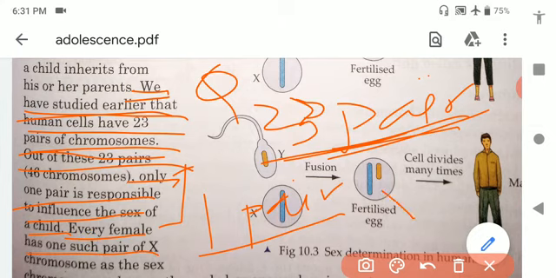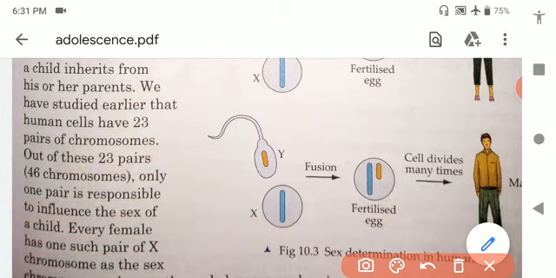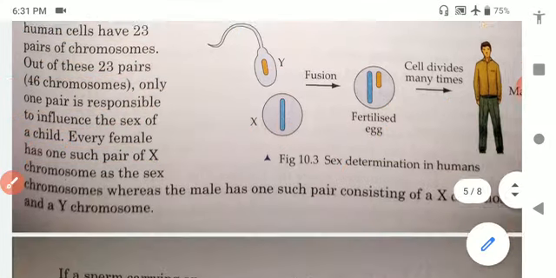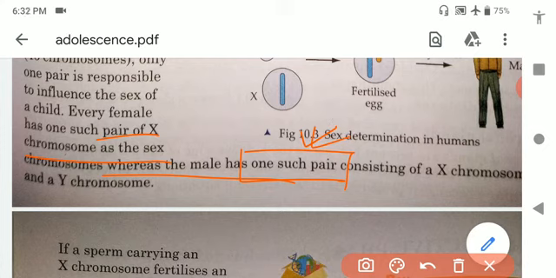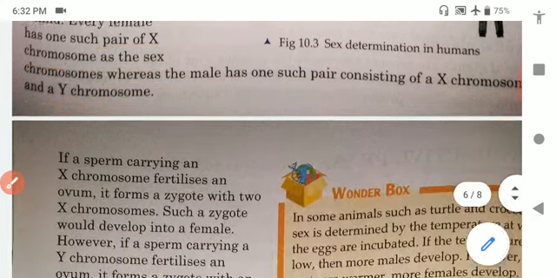Understood? Every female has one such pair of X chromosome, means XX. Understood? Pair of X chromosome as the sex chromosome, whereas in male, one such pair, means one pair of sex chromosome, contains an X chromosome and a Y chromosome. So in male it is XY. Okay.